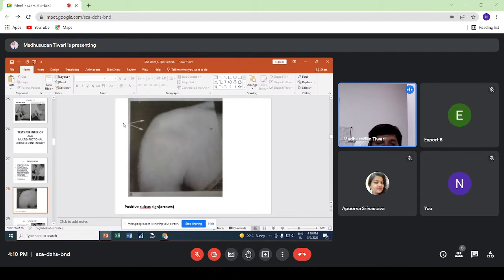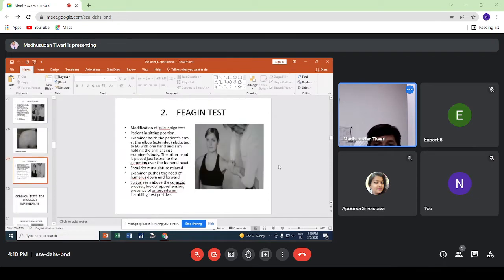See, posterior sulcus sign is there. Next is the Feagin sign, or Feagin test. It is a modified sulcus sign test.